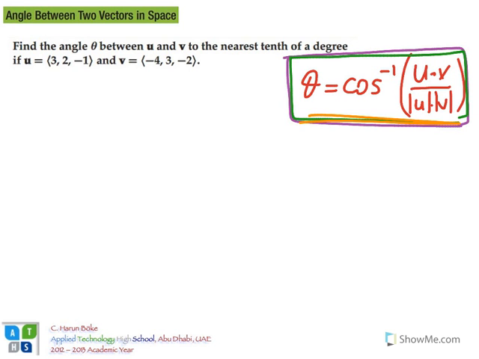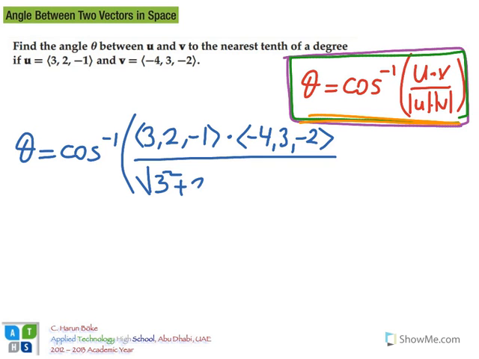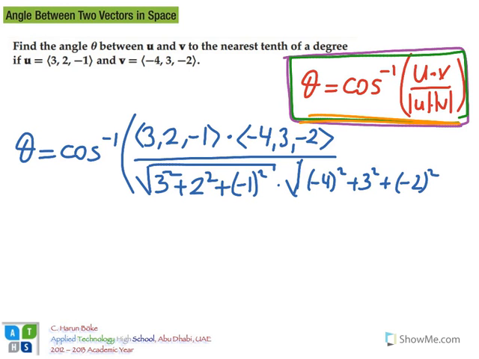Theta equals cosine inverse of u dot v, that is (3, 2, -1) dot (-4, 3, -2), divided by the magnitude of u, which is the square root of 3 squared plus 2 squared plus (-1) squared, times the magnitude of v, which is the square root of (-4) squared plus 3 squared plus (-2) squared.